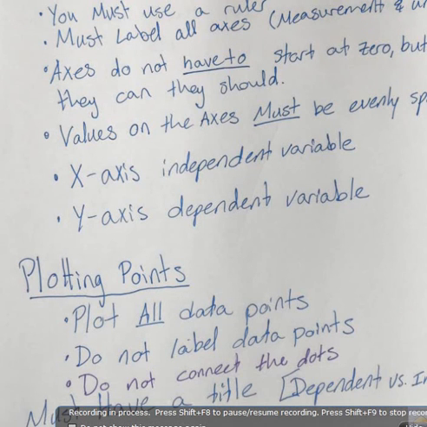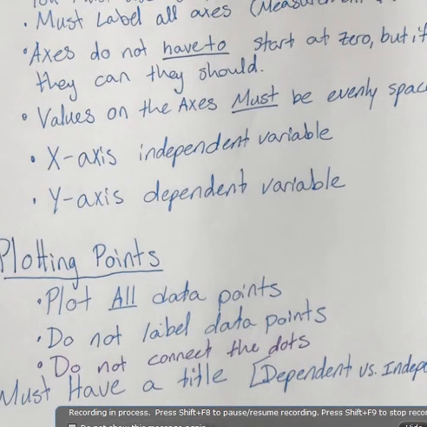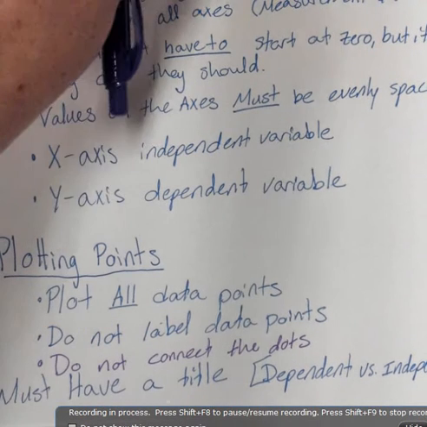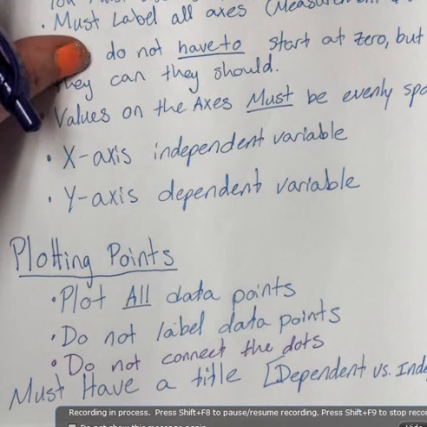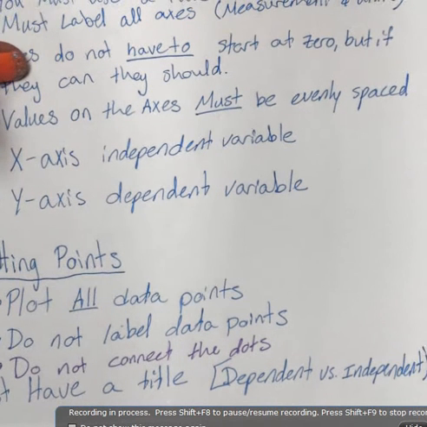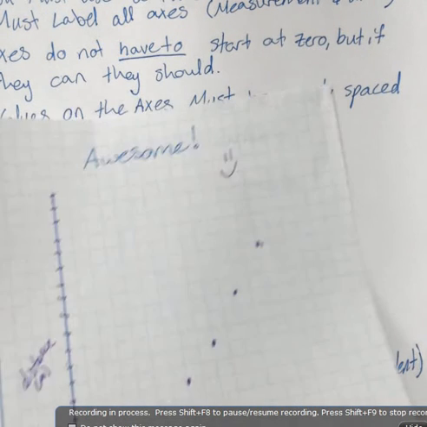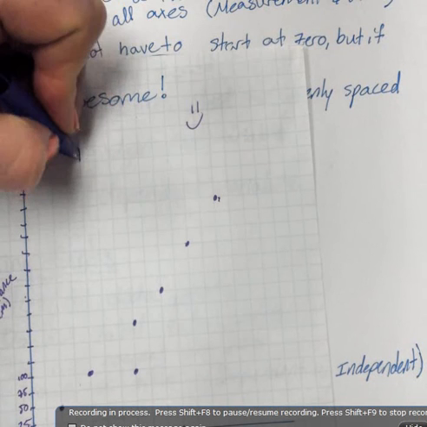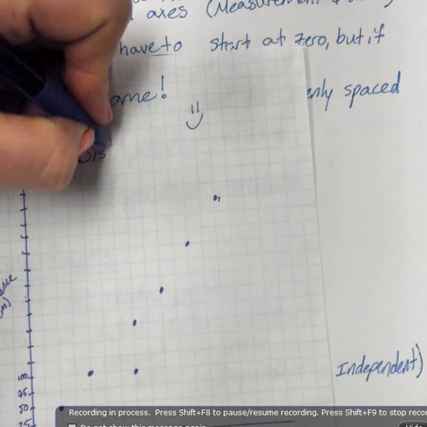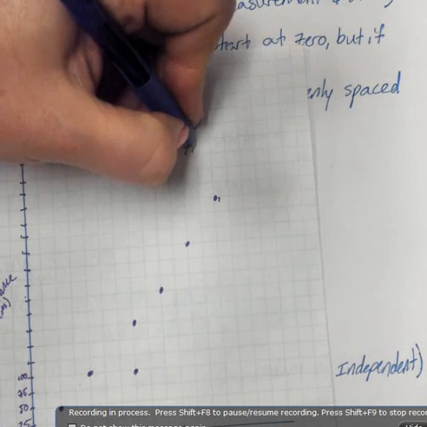All right? But what you want to do is make sure that your graph has a title. Right? And that title is always going to be the dependent versus the independent. So if we're going to name our graph here, our awesome graph is going to be distance versus time.